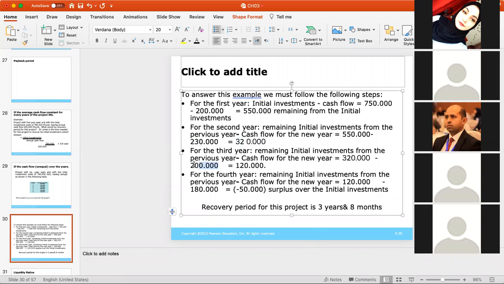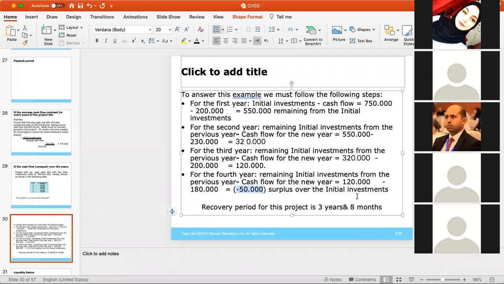Then I deduct the third year annual net cash flow, and what remains is 120,000. And the fourth year, the net cash flow was 180,000, and so I reach the minus here.